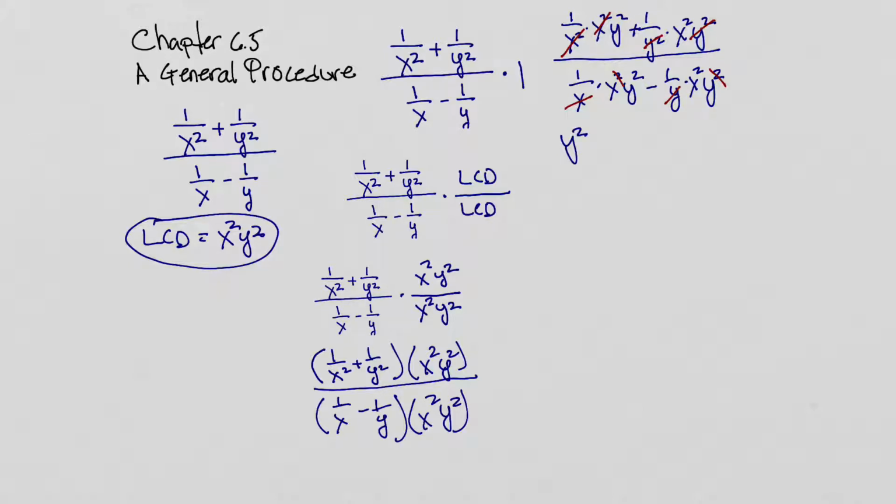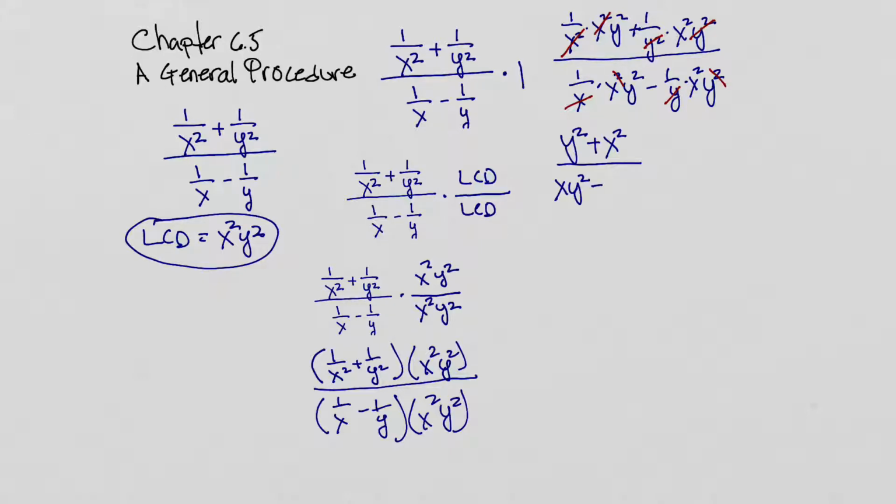And then we've got plus, so we'll write the plus. And then this y squared cancels with this y squared, so we're left with 1 times x squared, which is x squared. And now in the bottom, this 1 over x will cancel with one of these two x's, leaving us with 1 times x times y squared, or just xy squared.